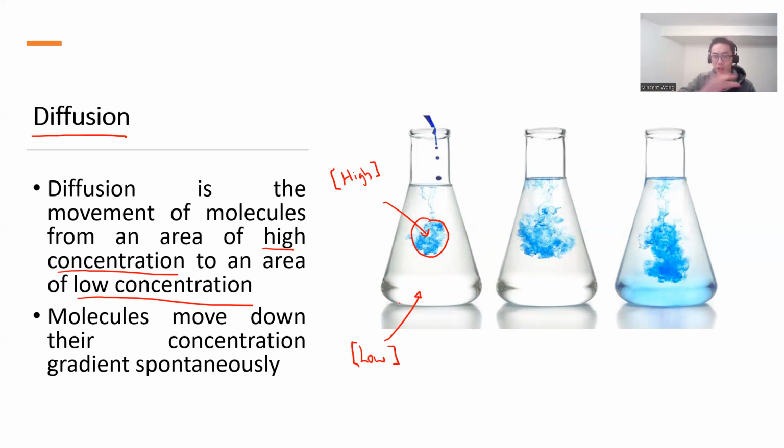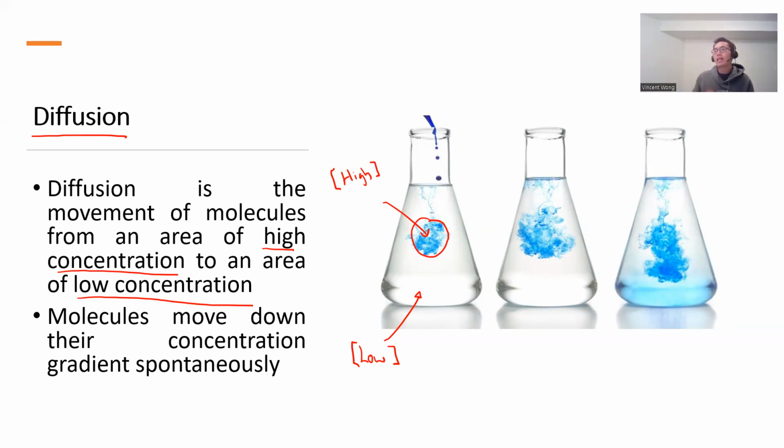So even if you don't stir it or swirl it or touch it in any way, the dye will automatically move and spread across the entire flask. Right? You come back to it the next day, the whole flask is going to be blue, right? So this natural migration of the dye from a concentrated area to a less concentrated area spontaneously, this is called diffusion.